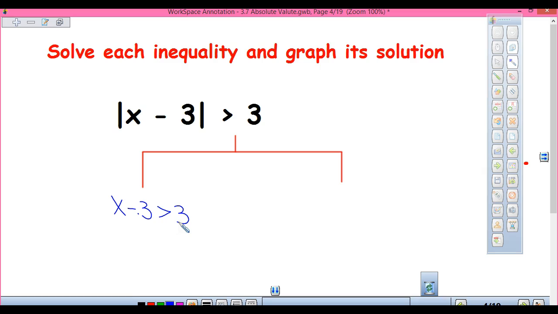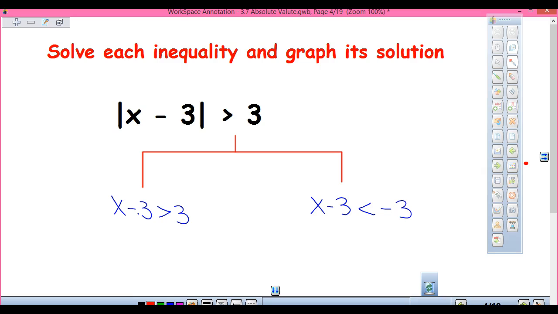My other one is going to be x minus 3. Now, since I'm changing that last number to a negative 3, I'm going to flip my sign. So x minus 3 is less than negative 3.